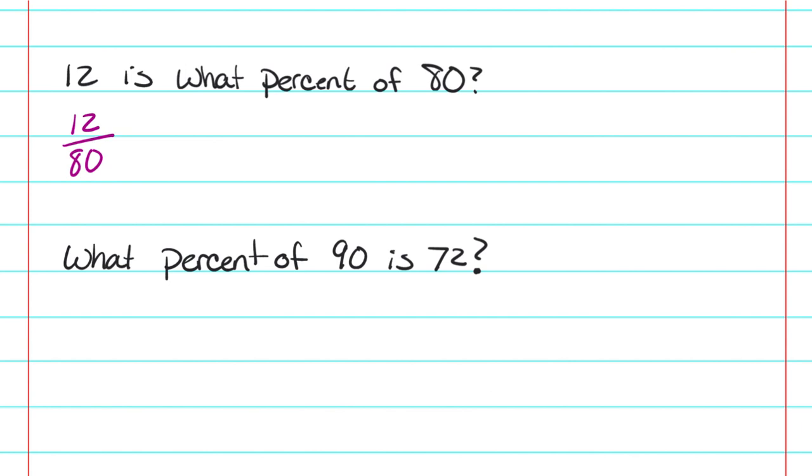I don't know what percentage it is, but I do know the total of my percentage is 100. So I'll go ahead and put X for my unknown. Next step is going to be to cross multiply.